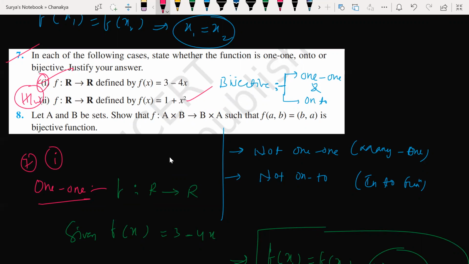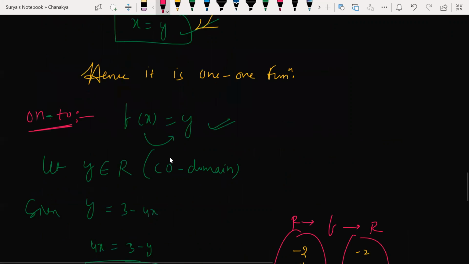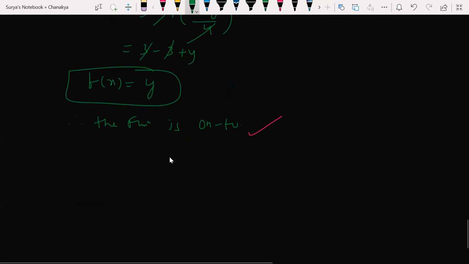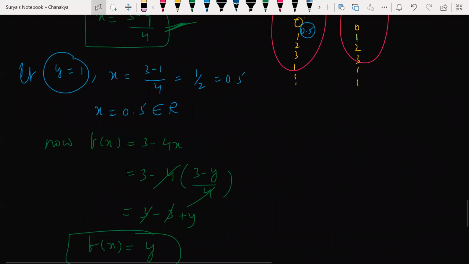The first function is a 1-1 function, also an onto function. Then the given function is a bijective function. Therefore, the given f of x is equal to 3 minus 4x is a bijective function. Clear? This is the one line I missed, so I just covered that.